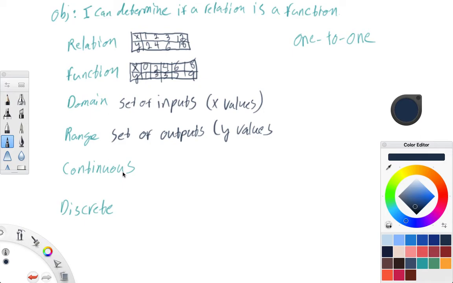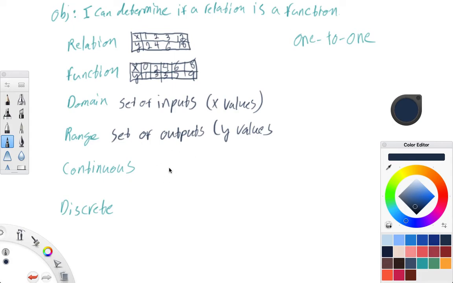Now we have continuous and discrete. So there's two different kinds, and this is very noticeable in graphs, but it can be in tables as well. If it's continuous, it is a solid line. It continues to go, meaning all the points on the line are part of our function. When it's discrete, there are only certain numbers that work.